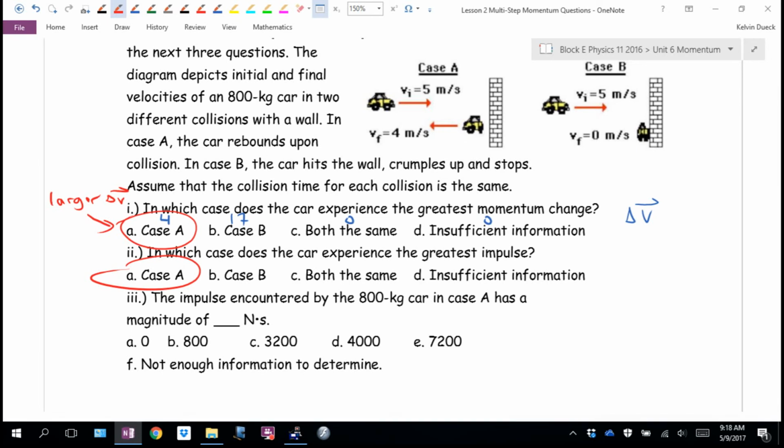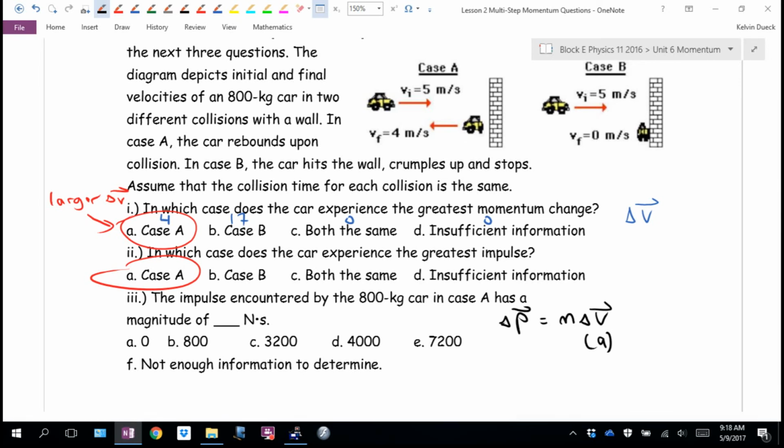The impulse encountered by the 800 kilogram car in case A has a magnitude of what? Okay, now they've given me a mass. So now I can say the impulse is equal to m change in velocity. What did you tell me the change in velocity in case A was? -9, +9, depends which way you let be positive, which way you let be negative.